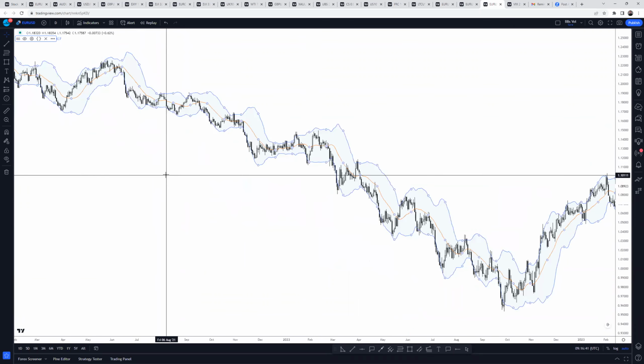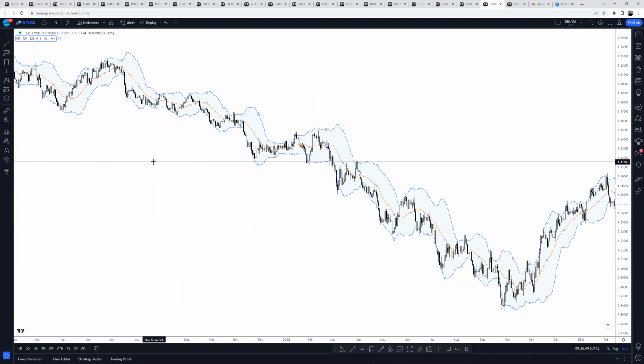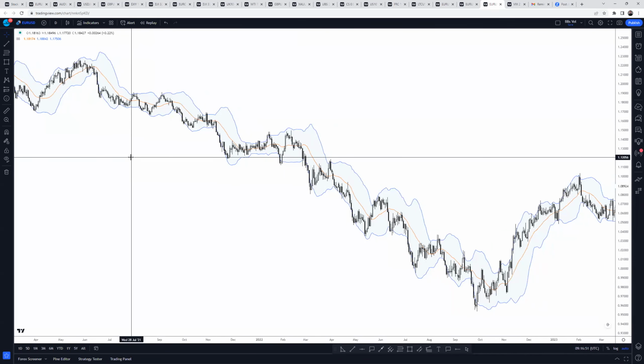Now, I assume that we are all capable of detecting and identifying a trend. There are indicators to help with this. We have moving averages, we have the ADX, and we have basic price action structure. For me personally, I always favor the price action because most of these indicators are a derivative of price action anyway, especially the simple moving average, of course.